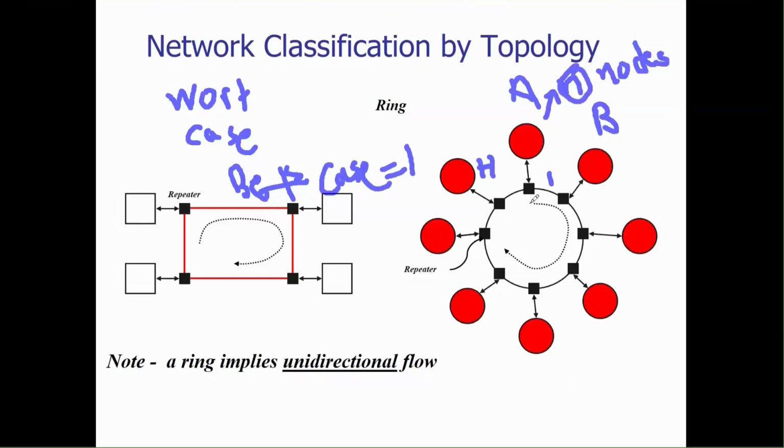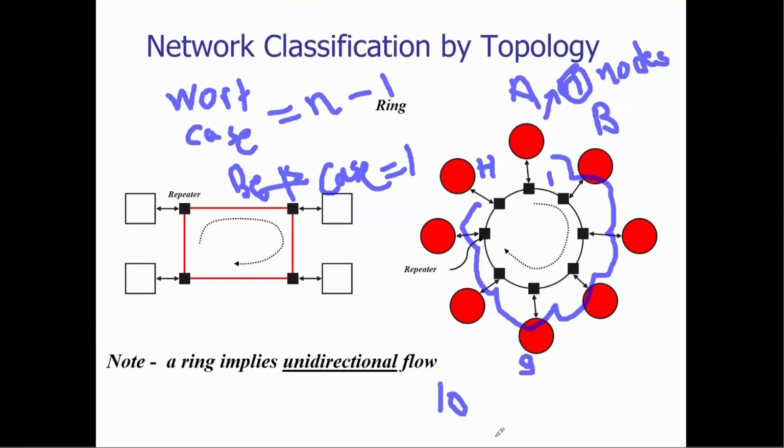So the worst case will be 7 links? n minus 1, right? Think about it. You could do it in your head for 1 second. So suppose I have 10 computers, the worst case is I have to go 9 times, right? If I have 10 computers, I have to go 9 times. If I have n, I have to go n minus 1.